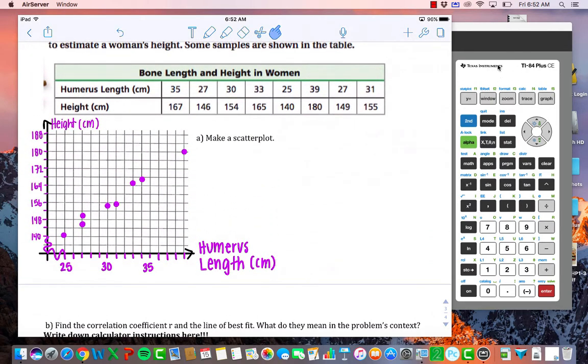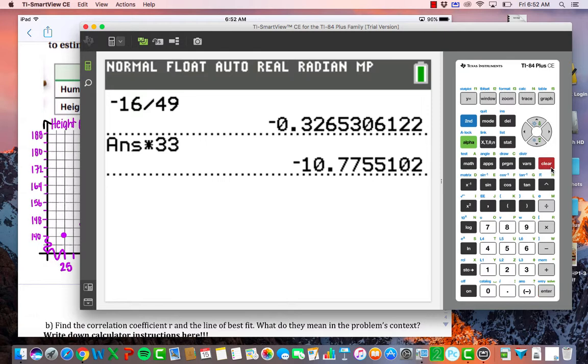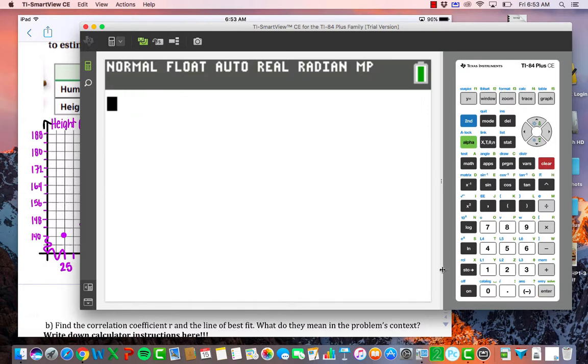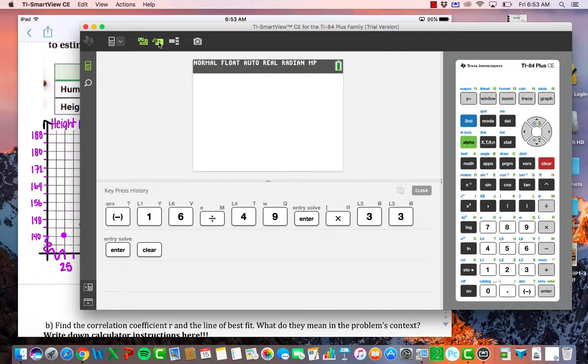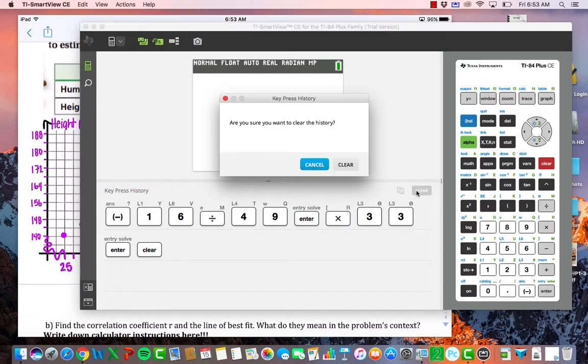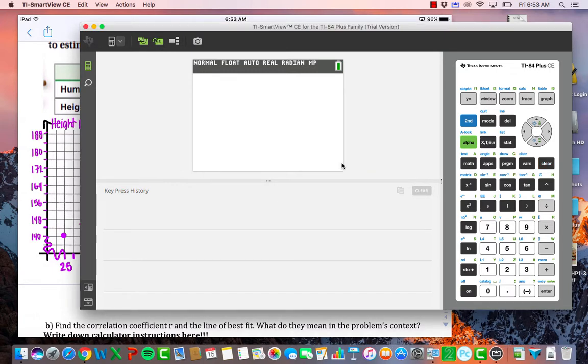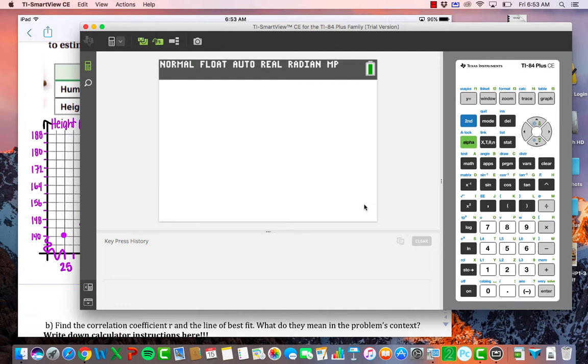So I'm going to come to my calculator. Let's clear it out. And the first thing I have to check is that it's in the right mode. So I hit second. Give me a moment. Oh, cool. So I can actually show you the key history, except I don't want it that big. No one cares that much.